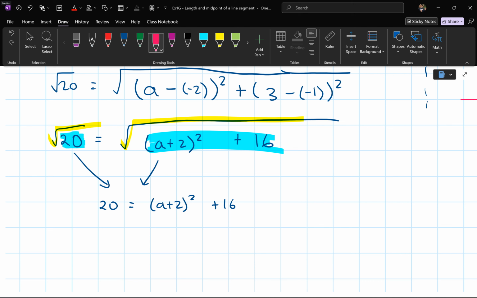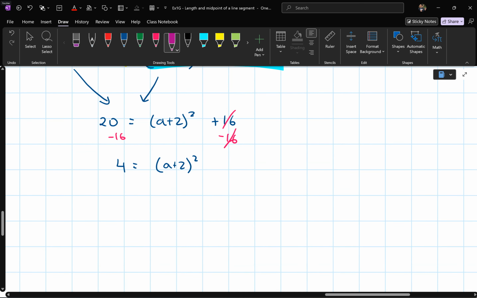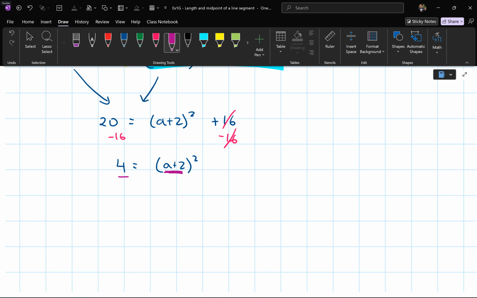The way I taught it in class, do inverse operations. Don't expand the brackets, because that makes it more complicated. So minus 16 on both sides, and then you get 4 equals (A plus 2) squared. Essentially you're saying something squared gives you 4. What squared will give you 4?